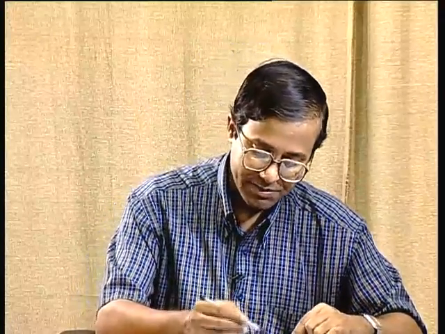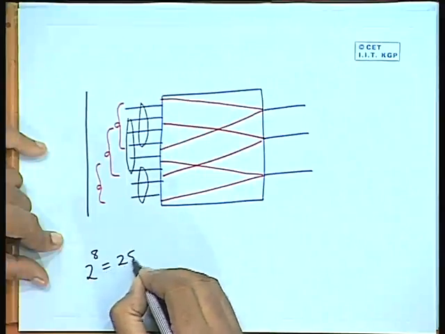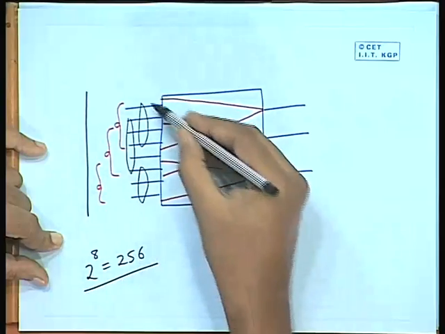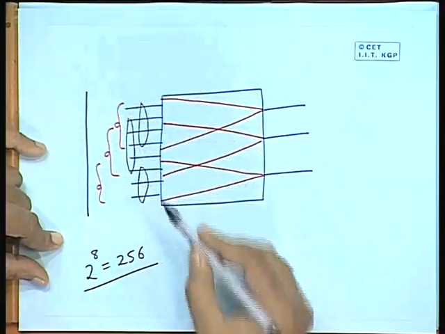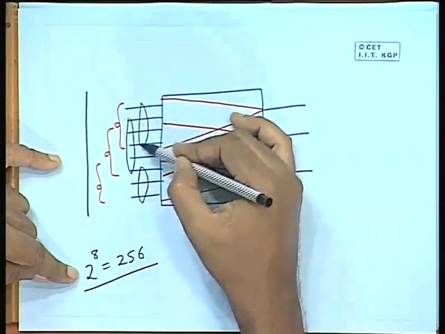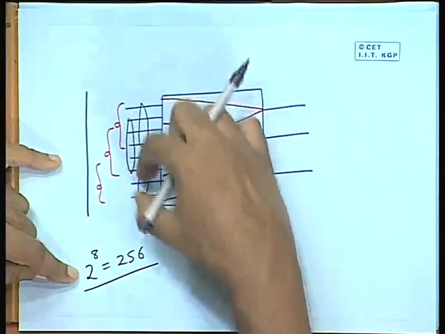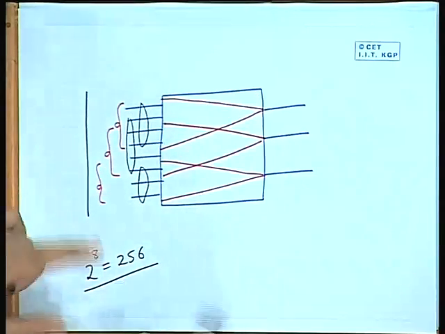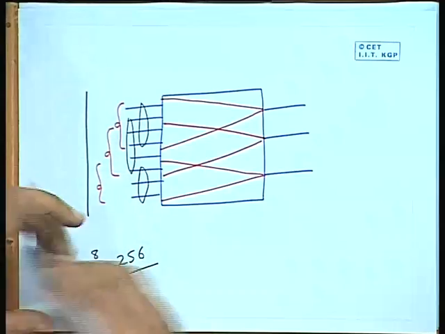Now, the total input here is 8 for example. So, if we apply total exhaustive patterns, it would have been 256, but it says that you try to generate a number of patterns which is much less than 256 and which will cover all possibilities within these small subsets. This is the basic concept behind the pseudo exhaustive. Okay? Fine.